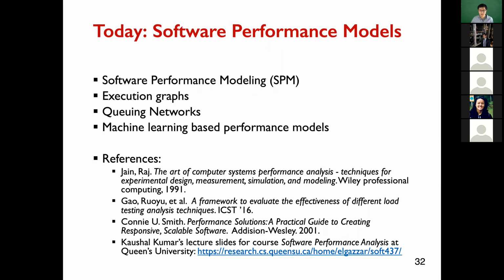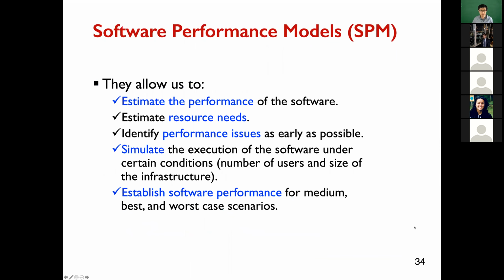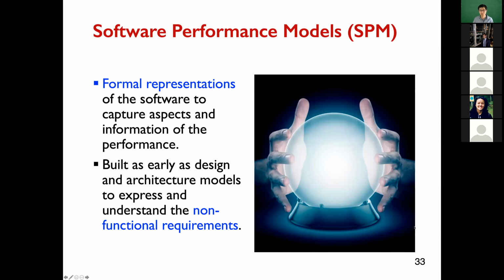Okay, so what are software performance models? When we talk about models, we think about some magic, right? Given some input, we want to generate some output. That is a model, right? For example, for a machine learning model, you have lots of parameters.